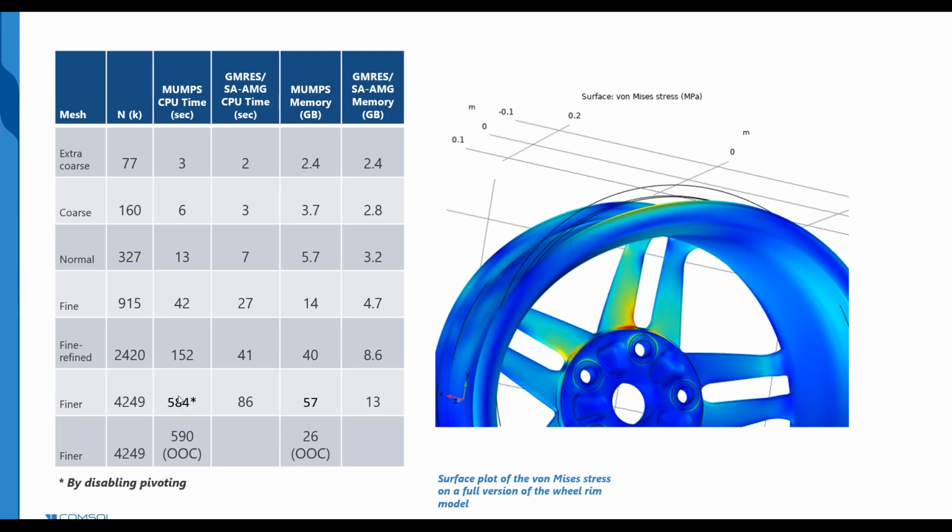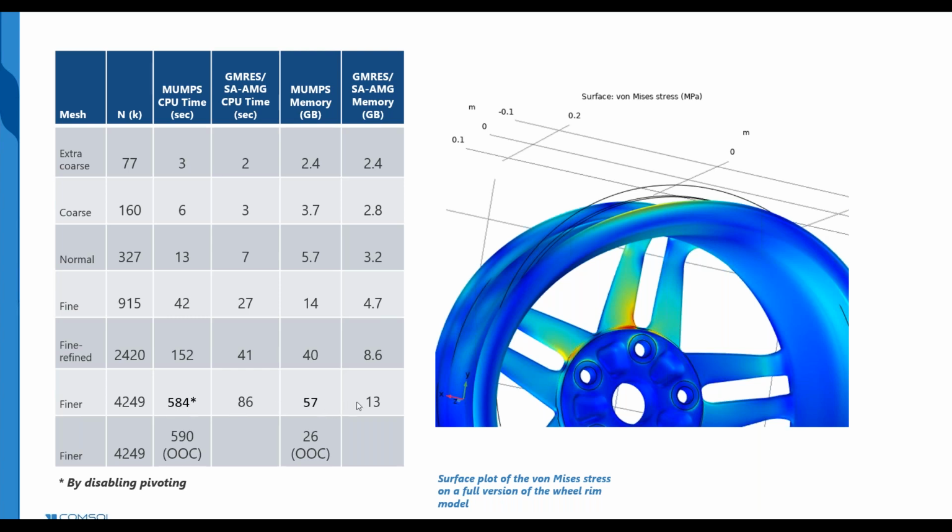Without out of core, I got out of memory, and a way to get the simulation through here was by disabling the pivoting. The pivoting is costly from a memory perspective, but it also improves robustness. In this case, I could avoid that and get the simulation through using 57 gigabytes.